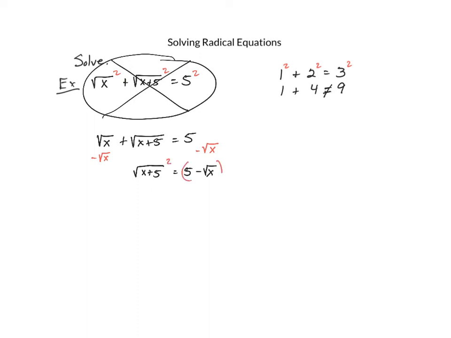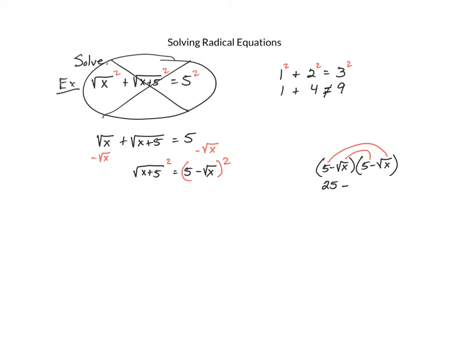And in doing so, look at what happens on the right-hand side. We'll have 5 minus the square root of x times 5 minus the square root of x. And I hope you can see why we practice problems like that at the beginning of this video. So when we FOIL this out, I'm over here on my scratch paper, I would have 25 minus 5 square root of x minus another 5 square root of x.